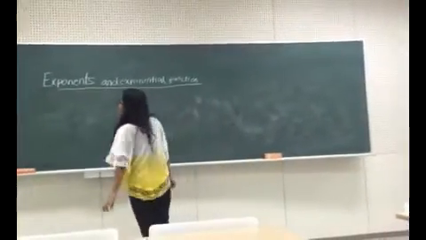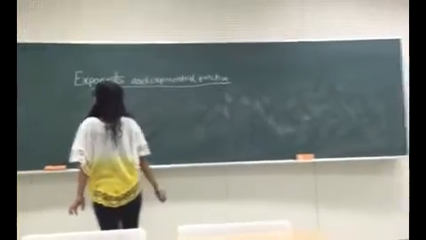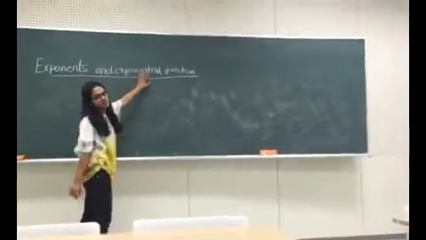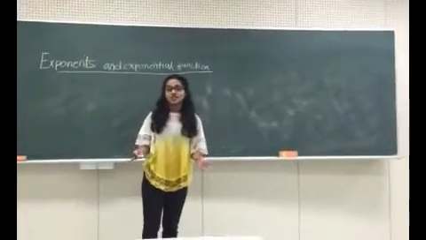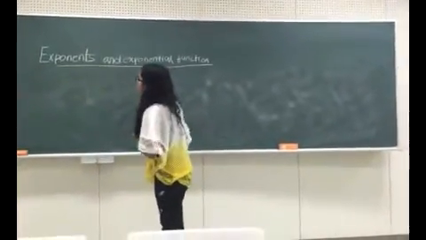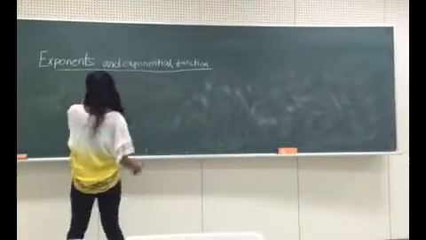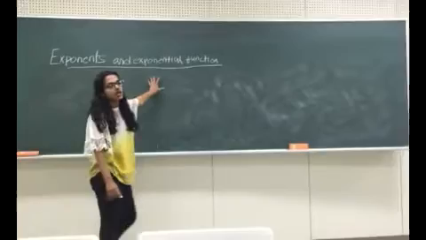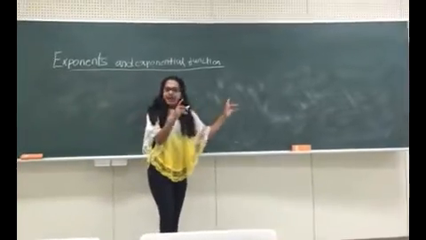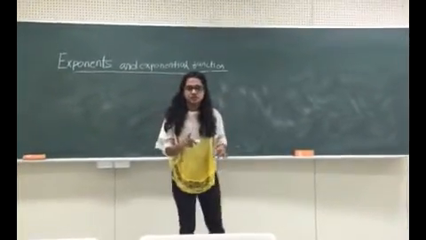Now, let's go to exponential function. So what is an exponential function actually? To explain it, a function which has the exponent as x can be defined as an exponential function.